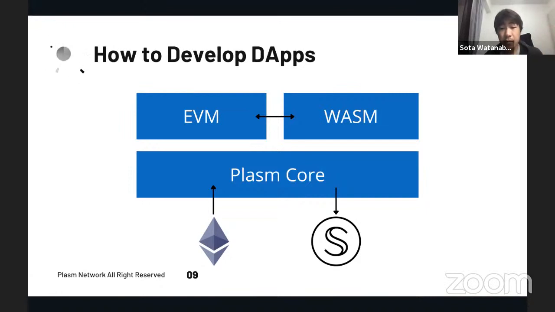We are also working on an Ethereum bridge right now. Once it's ready, you can use existing Ethereum dApps on top of Plasm Network without compromising interoperability. So Plasm Network 1.0 will be a Polkadot testnet parachain, and Plasm Network 2.0 will be a multi-chain smart contract hub, which has a lot of bridges.